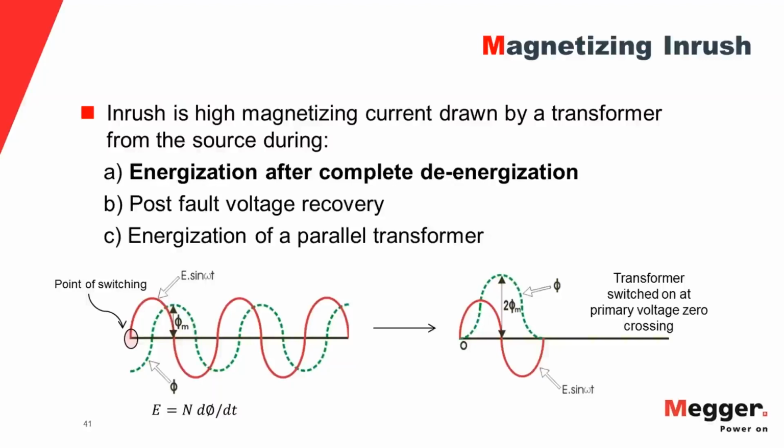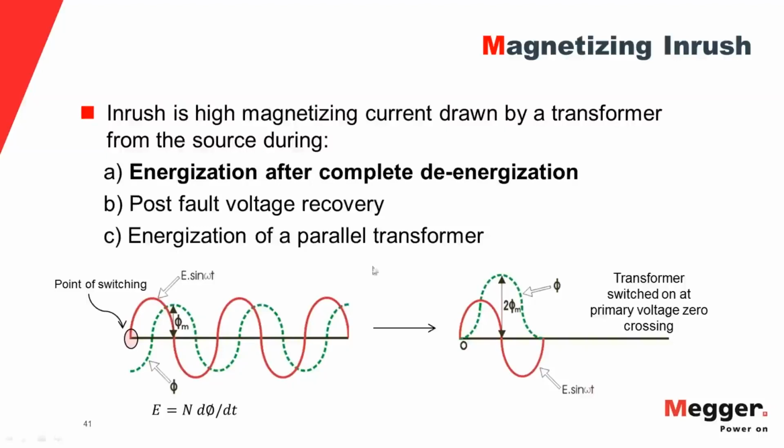The third scenario is energization of a parallel transformer. If a parallel transformer is energized, even though the transformer under test is not energized, the test transformer would experience current coming from the parallel transformer, and it could have inrush. So these three scenarios can cause inrush in the transformer primary winding.